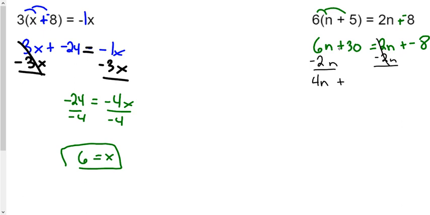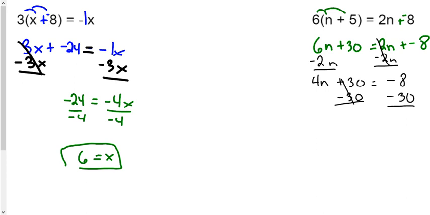So we get 4n, the plus drops with the 30. And the only thing that's left over here would be technically like the plus negative 8, but there, again, this is a 0. Do we really want to write 0 plus? Just put down the negative 8 right there, okay? Now, let's go through and solve the two-step equation.